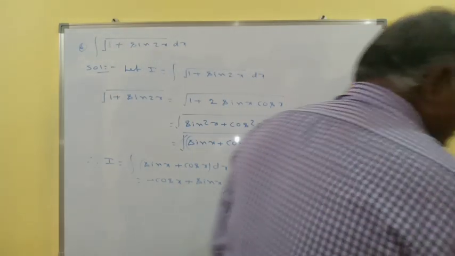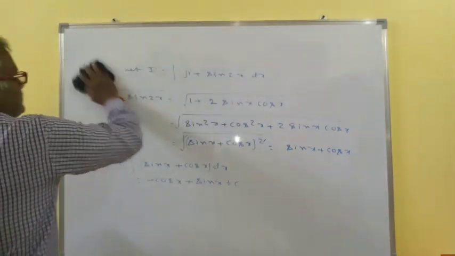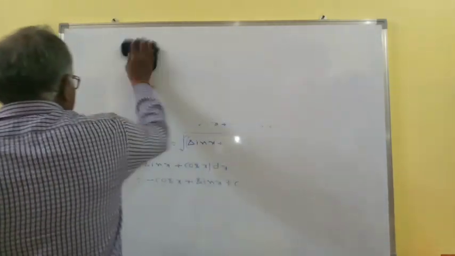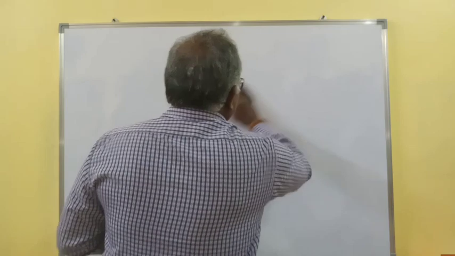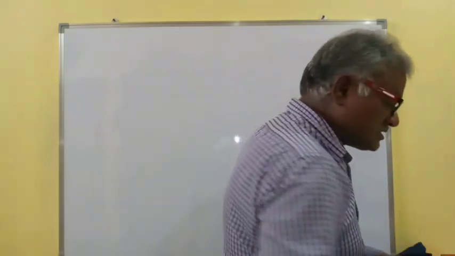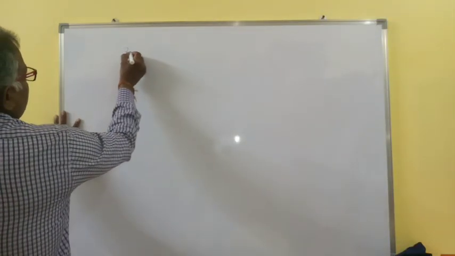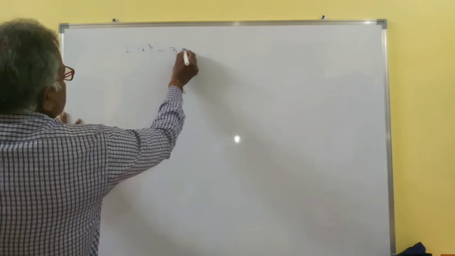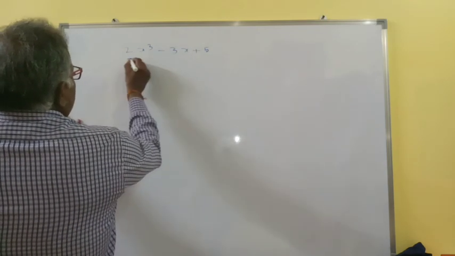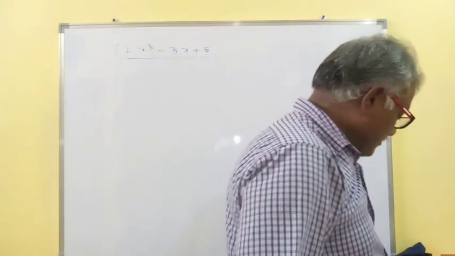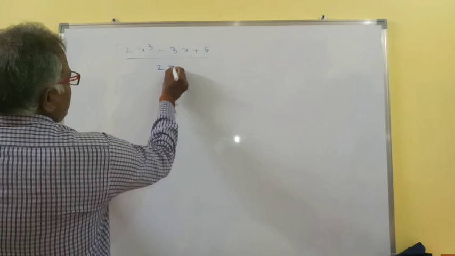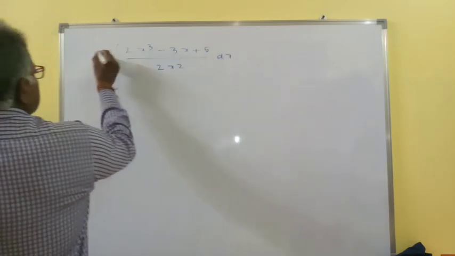Example, 8th problem. This is example 7: the integral of 2x cube minus 3x plus 5 divided by 2x square dx.